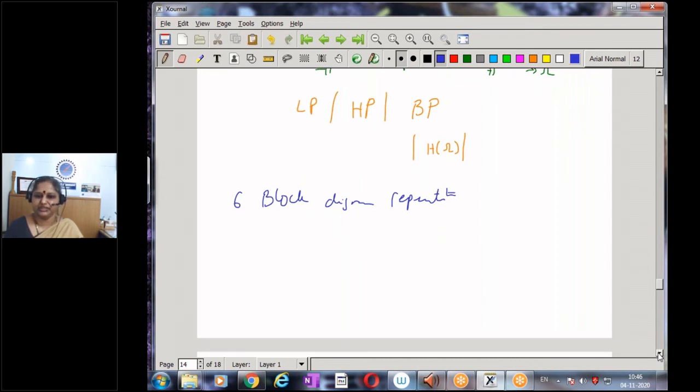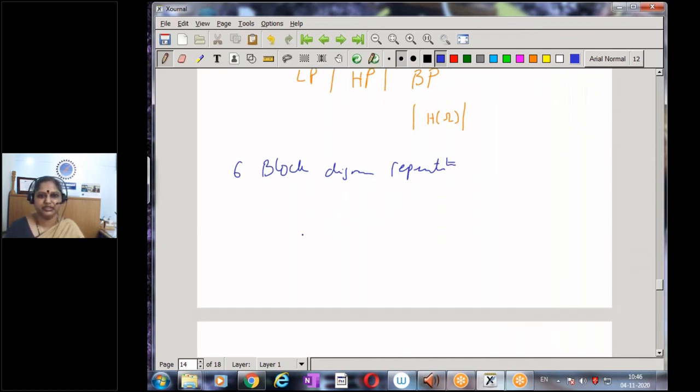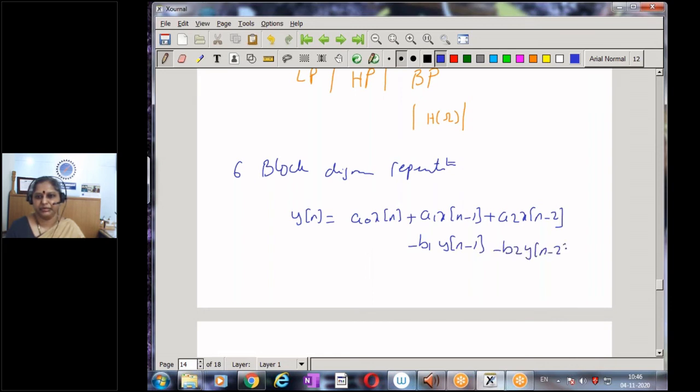Once again, just for simplicity and convenience, we will consider the second order difference equation, wherein my output y of n is given by a0 x of n plus a1 x of n minus 1 plus a2 x of n minus 2 minus b1 y of n minus 1 minus b2 y of n minus 2.